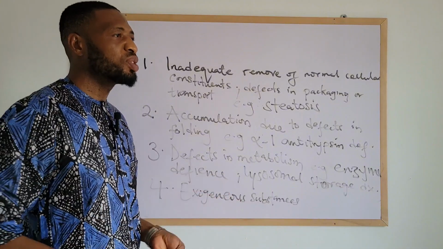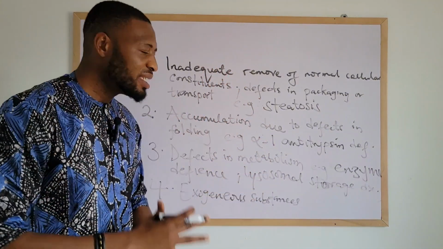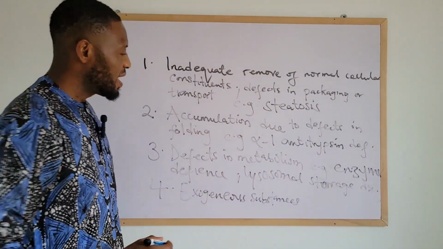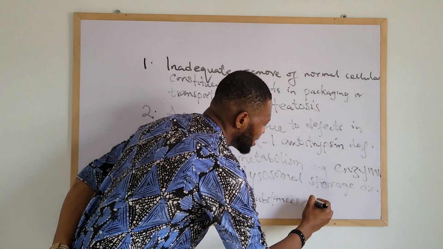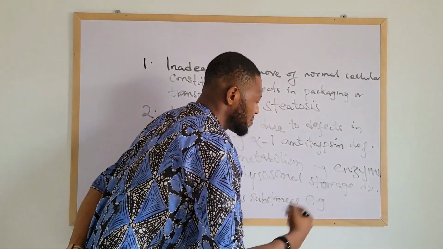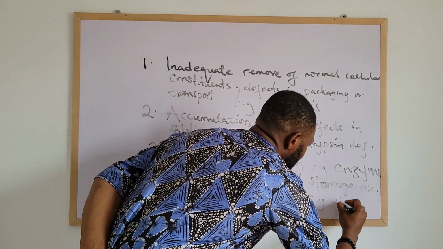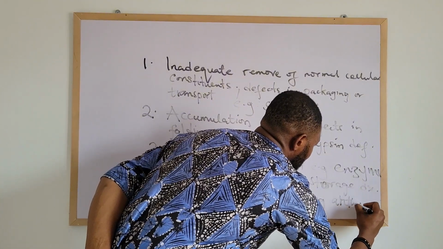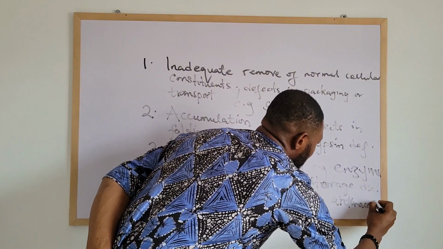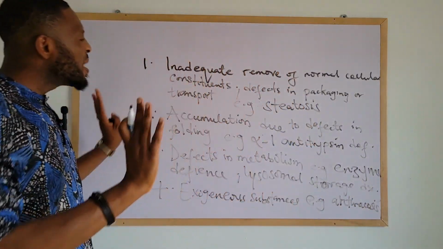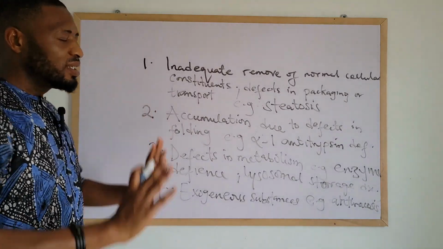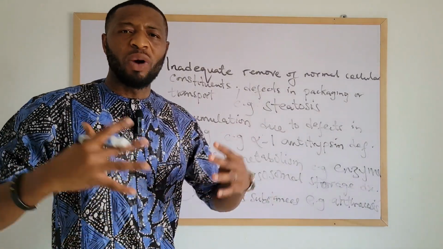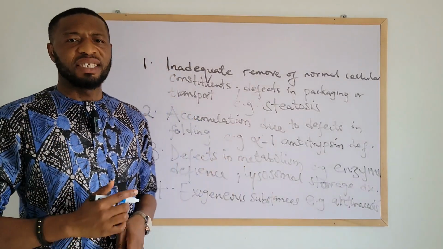So those exogenous substances will accumulate within the cell. And an example where we see this is anthracosis. Okay, so these are the four major reasons why substances accumulate in the cell.